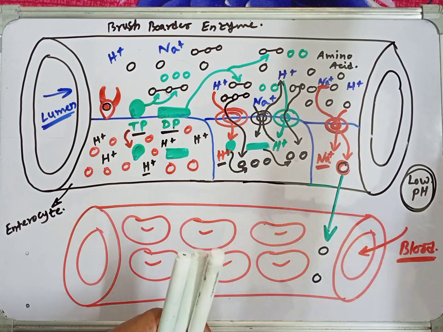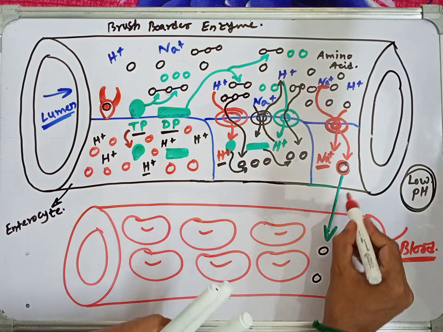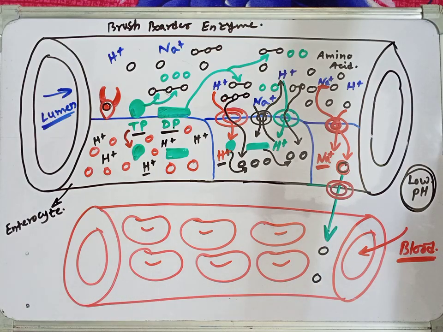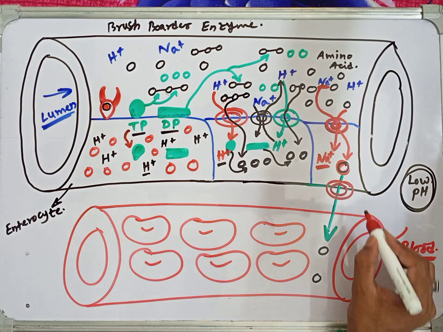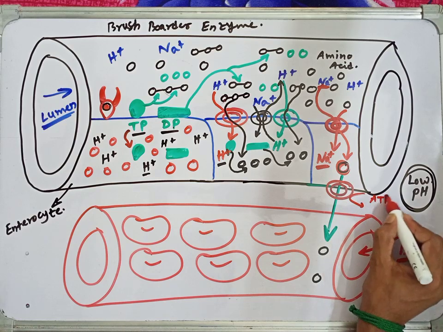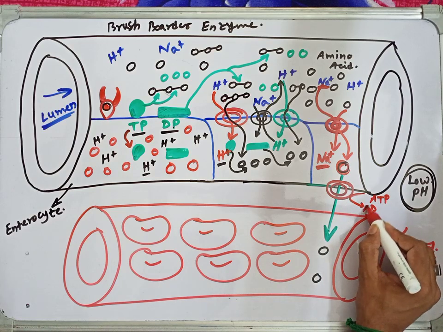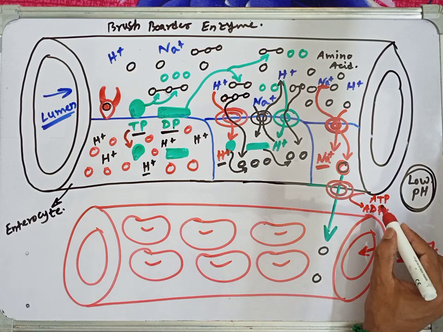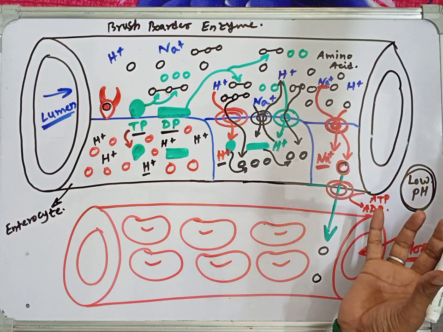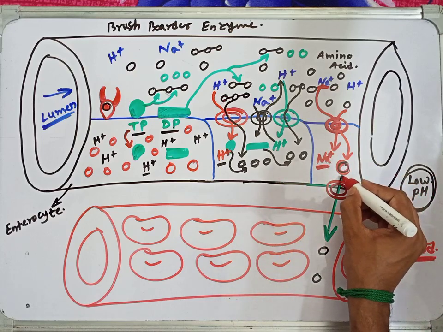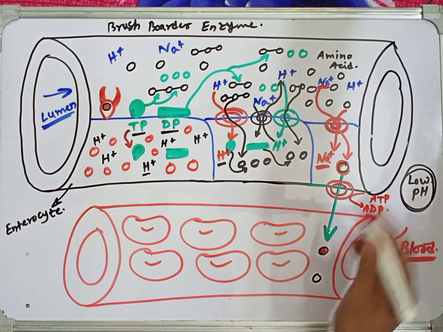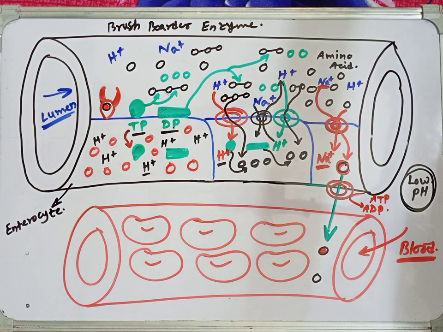Directly into the bloodstream. Actually that is called active transport, and active transport is responsible for breakdown of ATP into ADP. So there is an ATP breakdown. By expending energy, this amino acid is eventually absorbed into the blood, right?